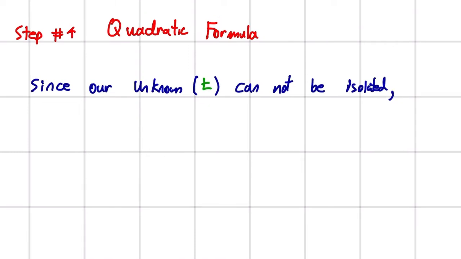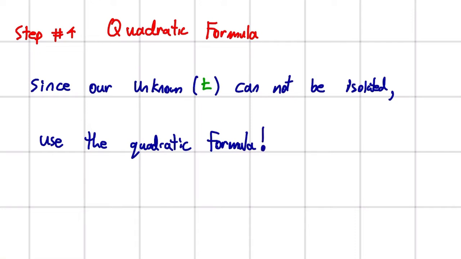So since our unknown cannot be isolated, use the quadratic formula! And we're gonna put an exclamation mark because we're excited about this.